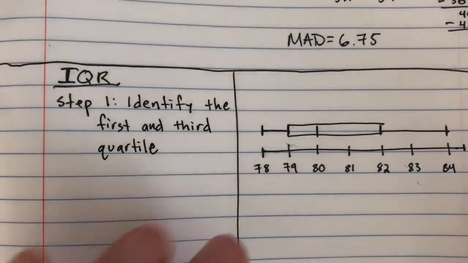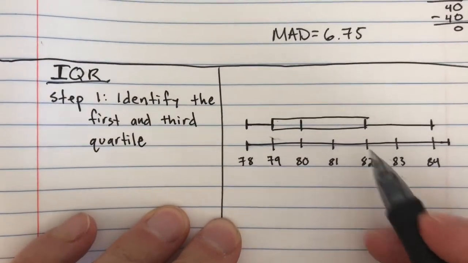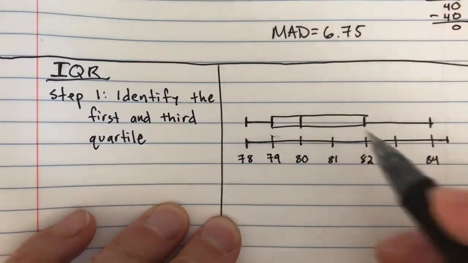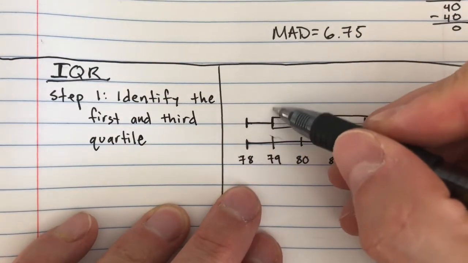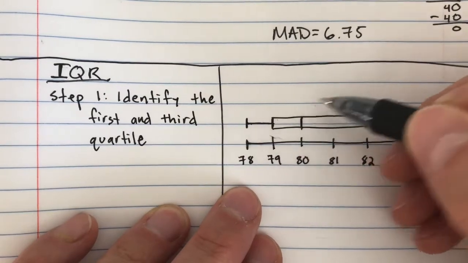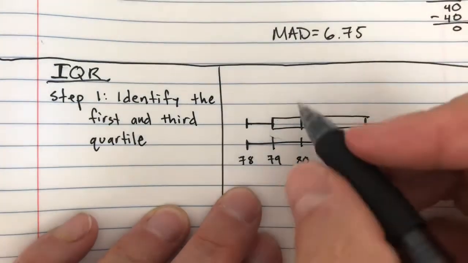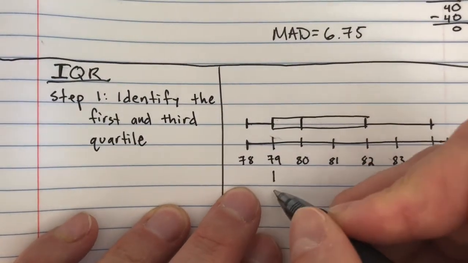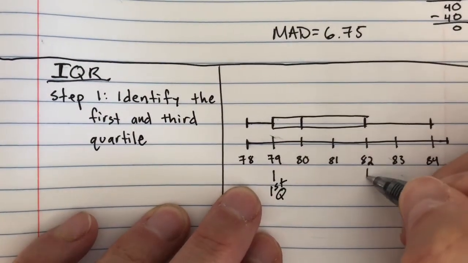And remember that these lines represent the statistical measures to make the box plot. So we've got our minimum, our first quartile, our median, our third quartile, and then our maximum. So our first quartile is right here, and our third quartile is right here at 82.